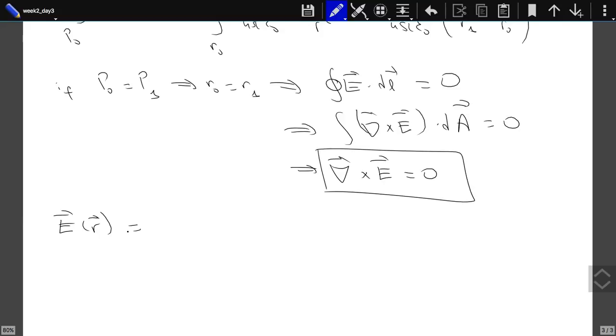We know that the electric field at the point r is 1 over 4 pi epsilon 0 times the integral of d cubed r prime, rho at r prime, times r minus r prime divided by the magnitude of r minus r prime cubed. We might not know what the rho is, but whatever rho is, the electric field and rho should be related in this form.